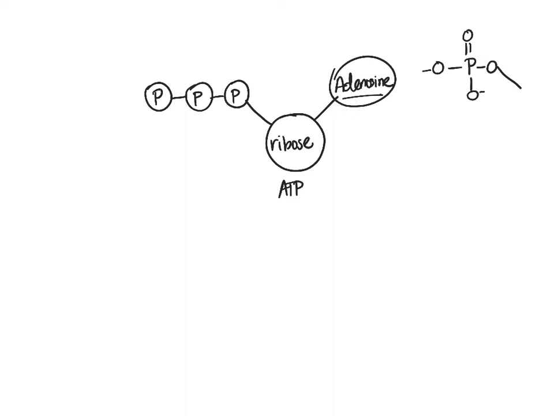If you can imagine another phosphate just like this being right next to it, what we then see is lots of negativity here with these electronegative oxygens forced right next to each other. And this is why adenosine triphosphate, ATP, is a high energy molecule. Right here is where we have our energy stored.